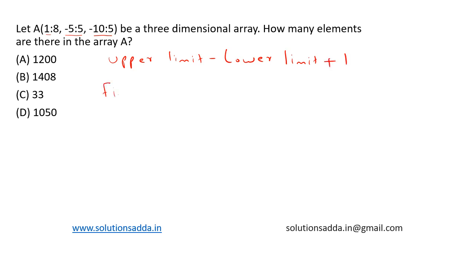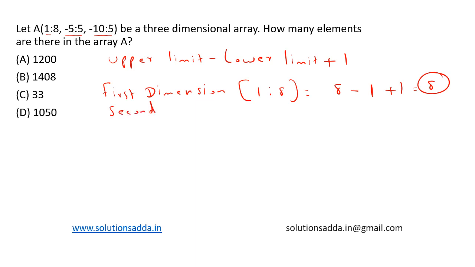So for the first dimension, we have 1 to 8. That is 8 minus 1 plus 1, which is equal to 8. Second dimension, we have minus 5 to 5. This is equal to 5 minus minus 5 plus 1, which is equal to 11.